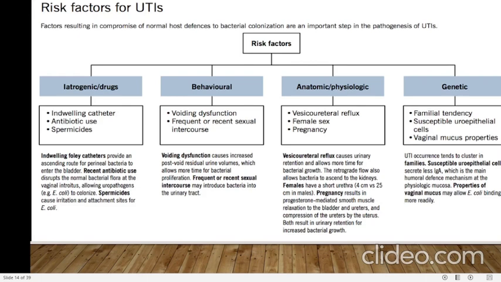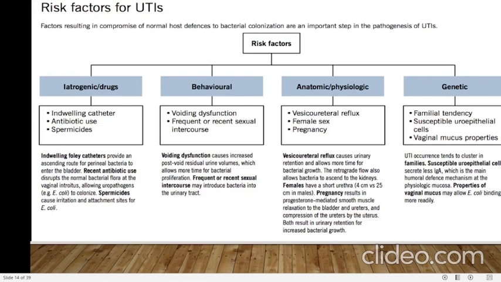Indwelling foreign catheters provide an ascending route for perineal bacteria to enter the bladder. Recent antibiotic use disrupts the normal bacterial flora at the vaginal introitus, allowing uropathogens, e.g. E. coli, to colonize.